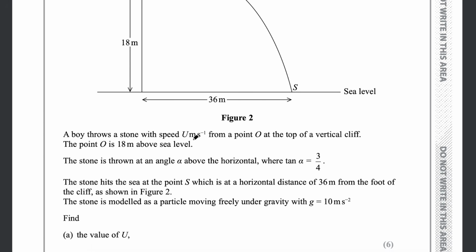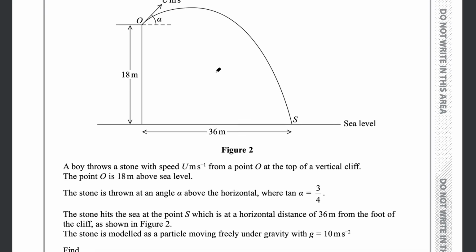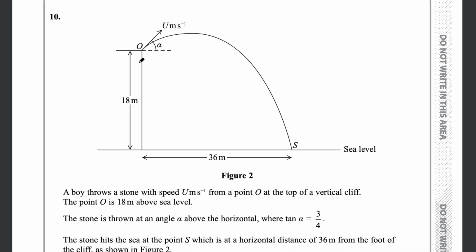Let's firstly break down this diagram a little bit. So we've got our stone up here thrown at some speed u, and we've got this angle alpha in here. Now this information here, this tan alpha equals 3 on 4, that's going to be crucial to our solution.